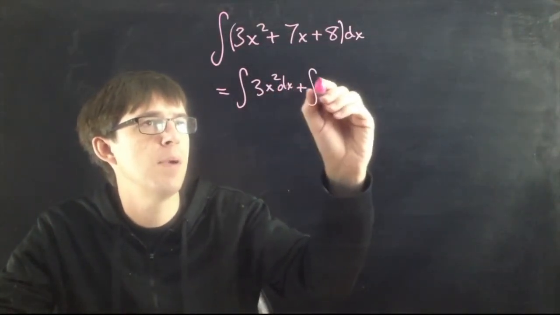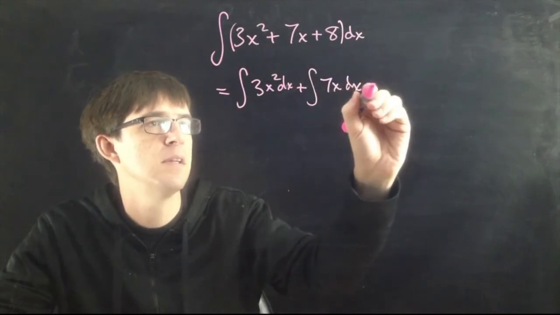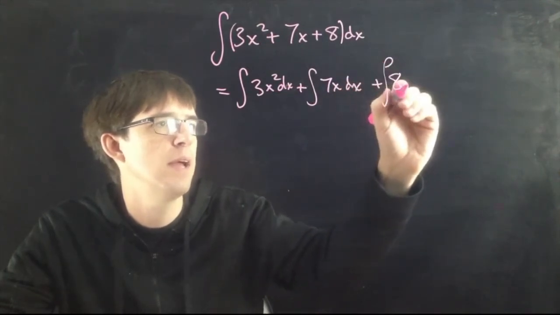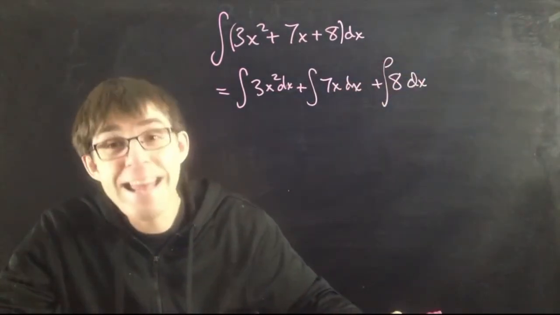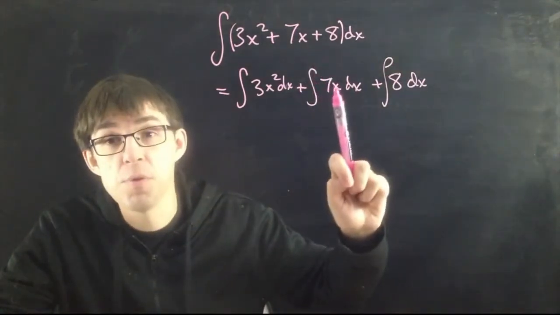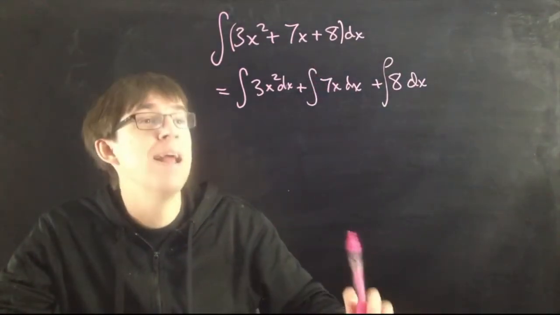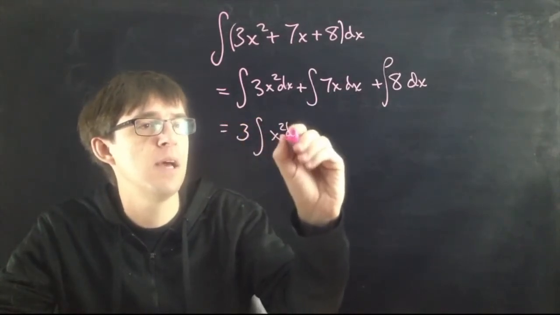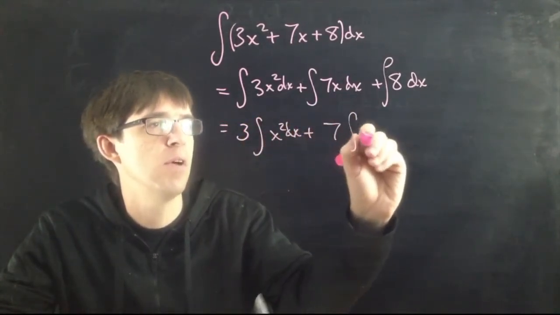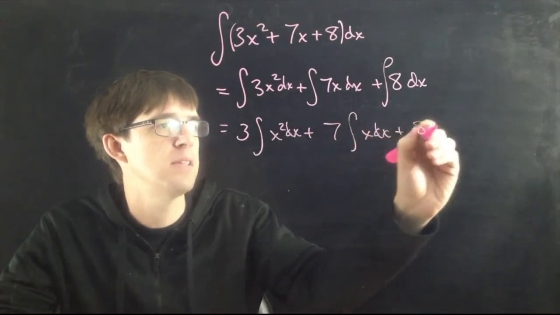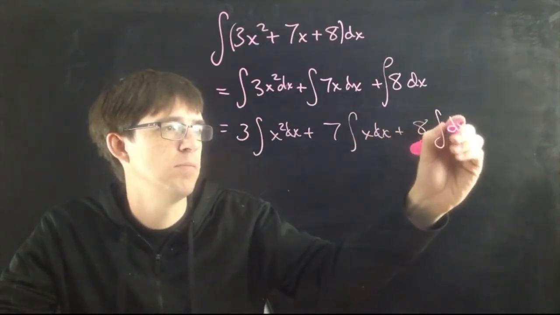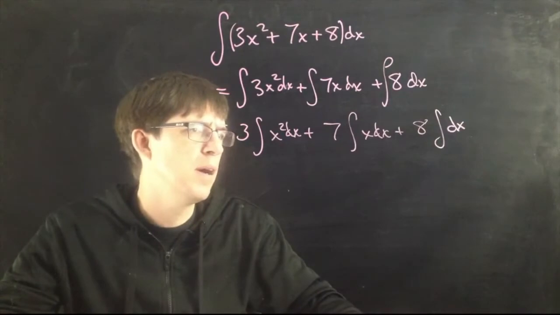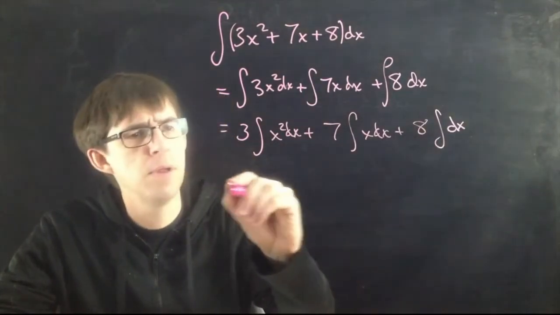That was using the first rule about adding stuff together. And then we can factor all these constants out: 3 integral x squared dx plus 7 integral x dx plus 8 integral dx, I guess. That's a little weird, but anyway.